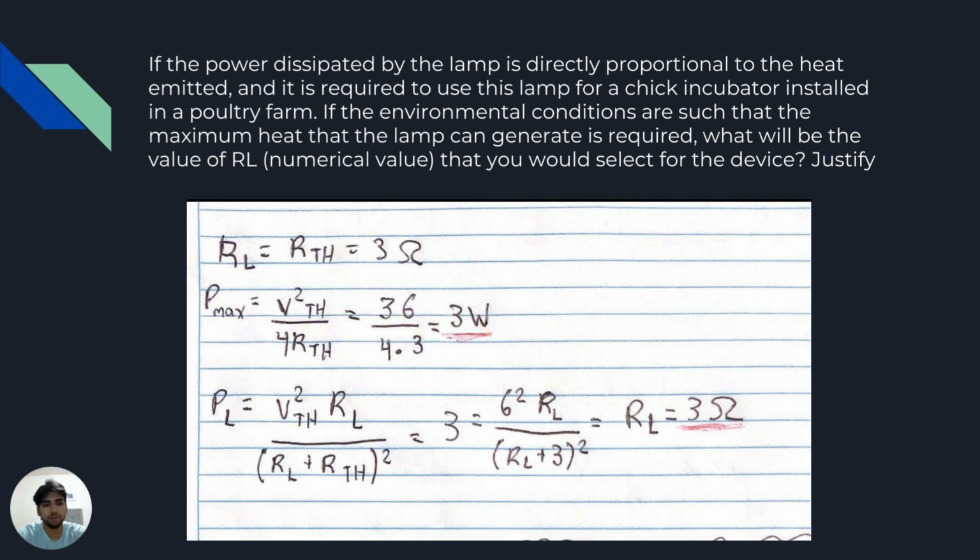And as we see here, we have the maximum power, that is the fraction between the voltage squared of Thevenin and 4 times the resistance of Thevenin, that is 36 between 4 multiplied by 3, so we get 3 watts. And then we calculate the power of RL, and as we see, we only need to substitute all the values, and we get a value of 3 ohms.